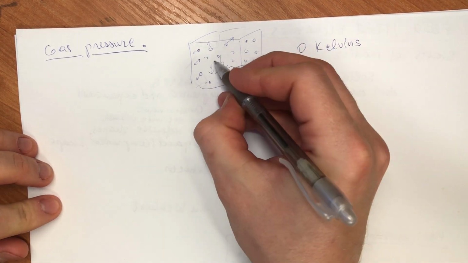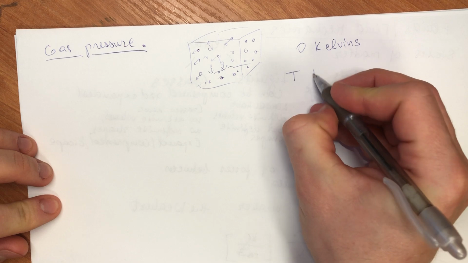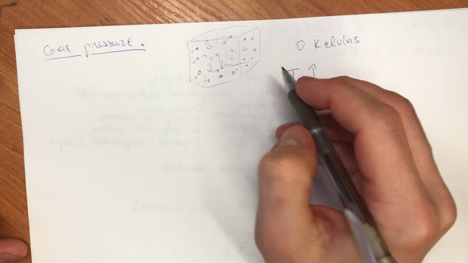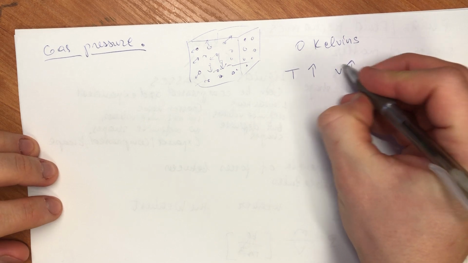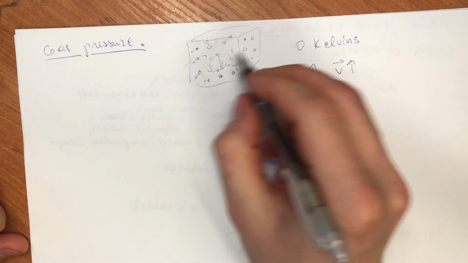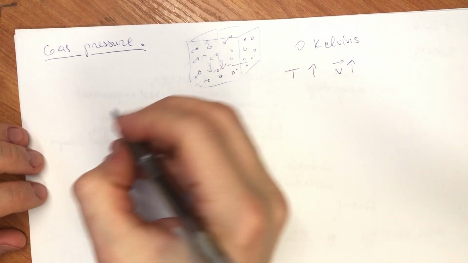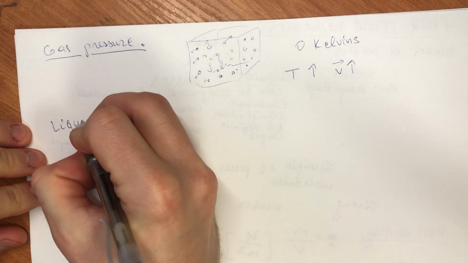If we increase the temperature, they start moving even faster, and the pressure exerted on the walls increases. Liquid pressure.